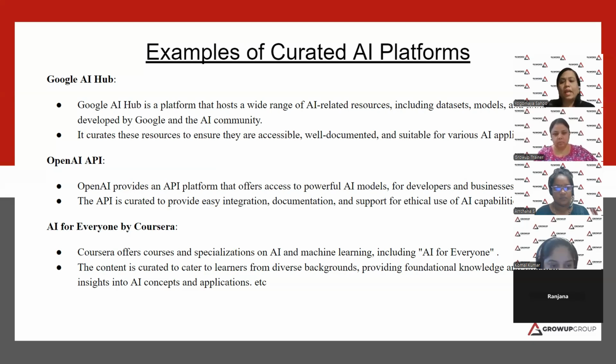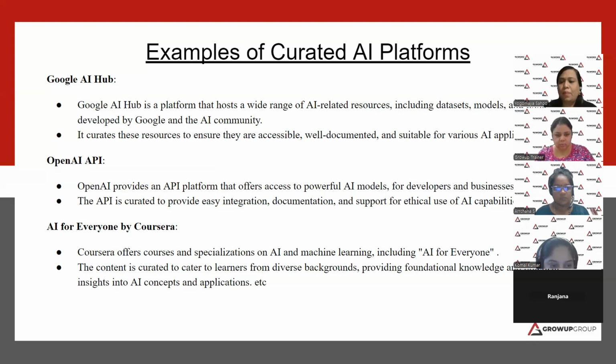Next is the OpenAI API. API stands for Application Programming Interface. OpenAI provides an API platform that offers access to powerful AI models for developers and businesses to perform their tasks. The API is curated to provide easy integration, documentation, and support for ethical use of AI capabilities.